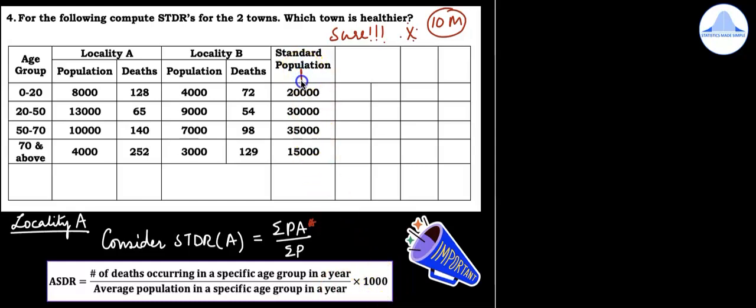Now the first step is to calculate capital P. This STDR formula will carry 1 mark. Then the ASDR formula will carry 1 mark. Then even summation P total will carry 1 mark. So when you add summation P, you will get 1 lakh.